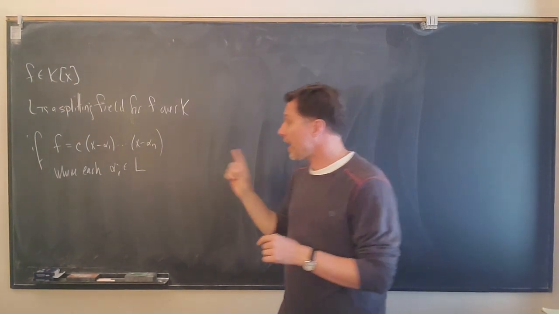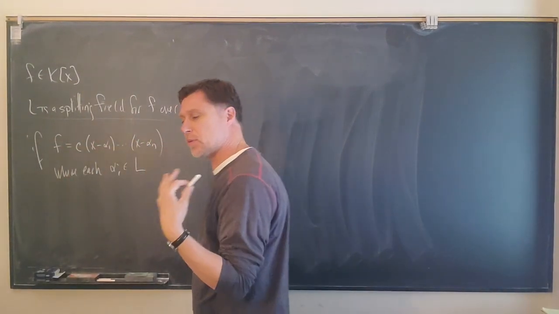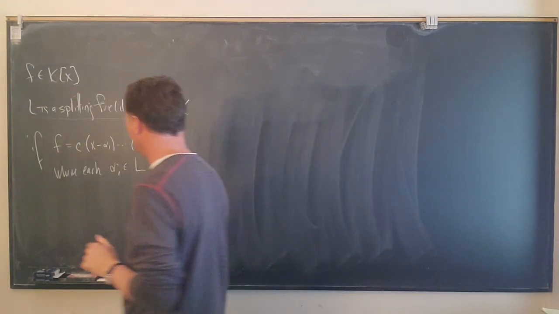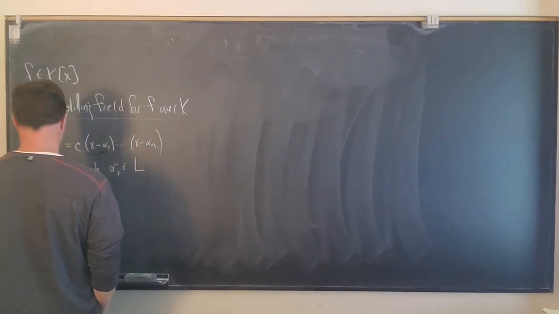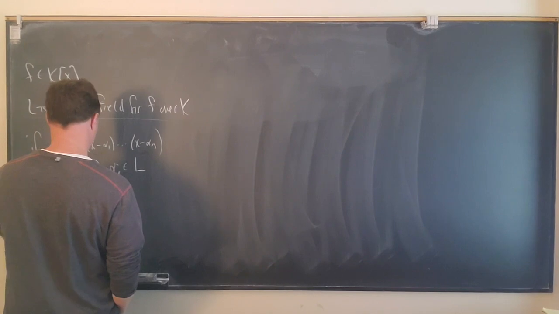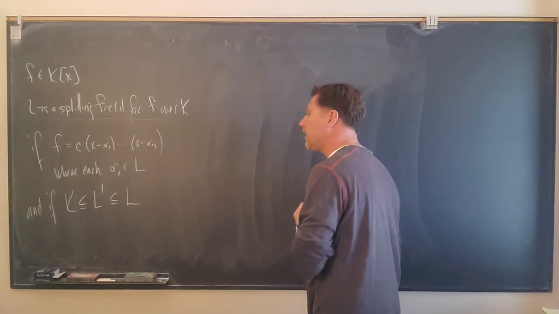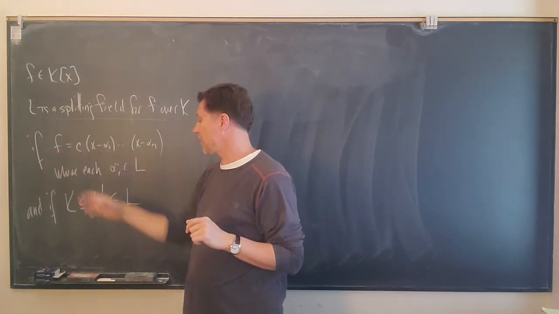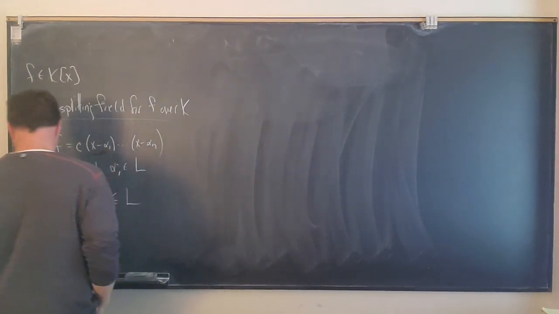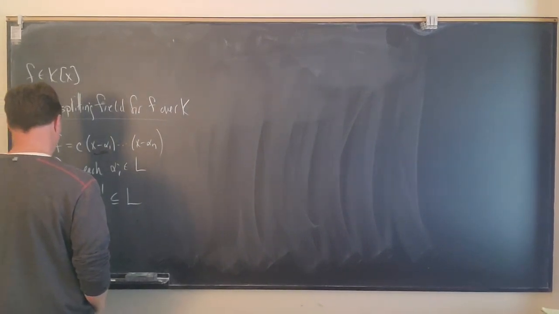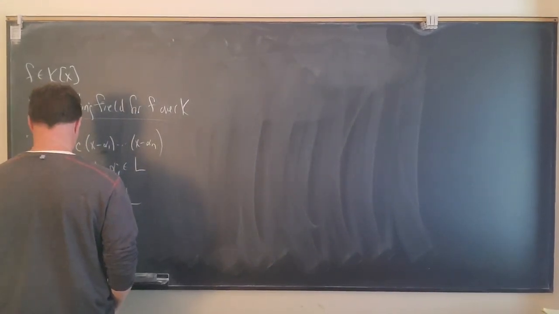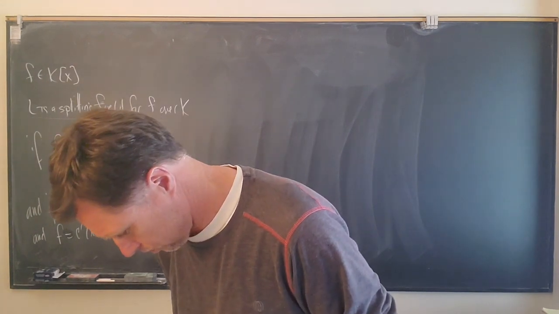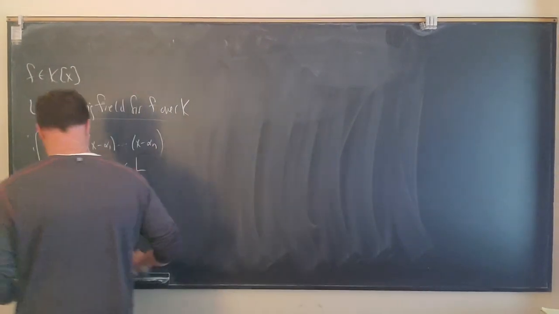Fine, it needs to split, but when we call it a splitting field, I shouldn't say the splitting field yet, a splitting field, then if we have an intermediate field L prime over which f splits as well, then actually L prime has to equal L. I can use the term splits.